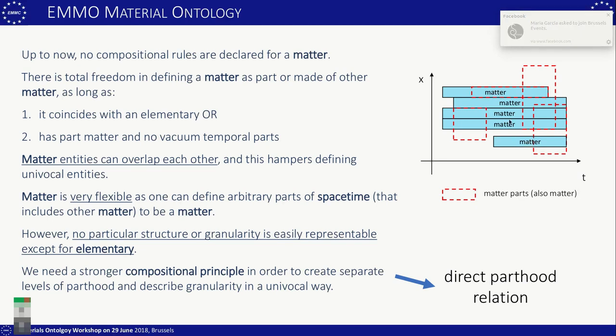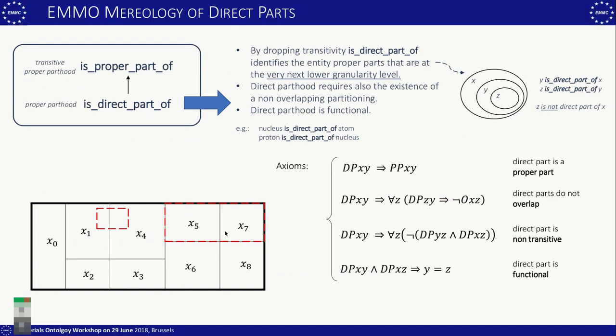We need to find a more detailed way to describe different matter types, to include granularity. We did so by introducing a new parthood, which is called direct parthood, in which we drop the transitivity property.